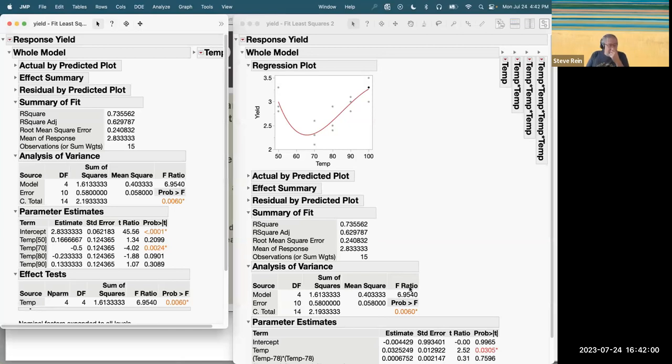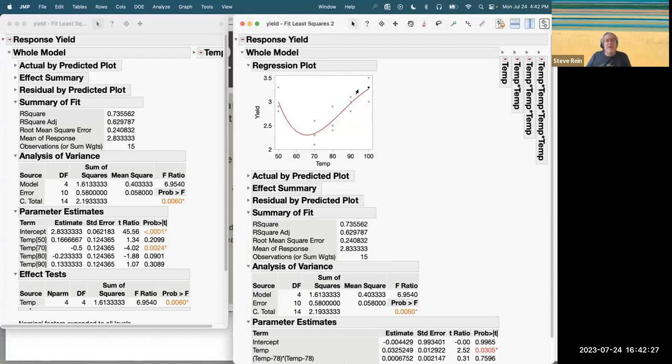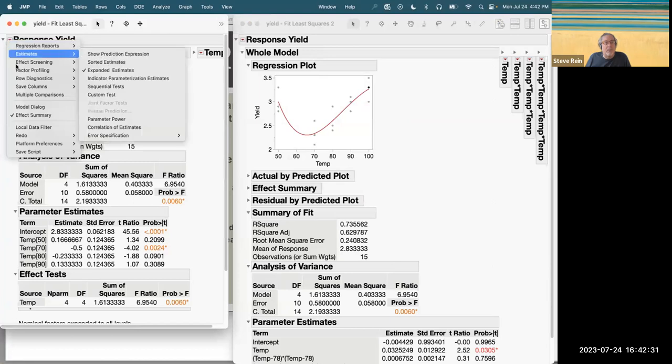On the exam, one of the questions I asked you is, what if you have these two separate analyses that look dramatically different? Could they actually be the same? And if the fitted values are identical, they are the same analysis. So let's go ahead and save those two sets of predicted values in the fit model.